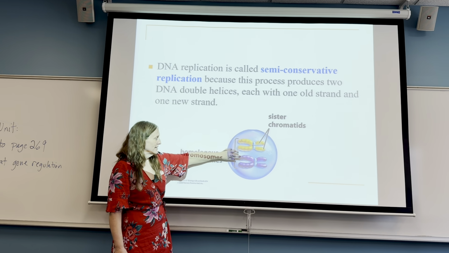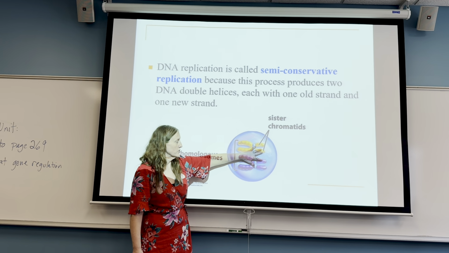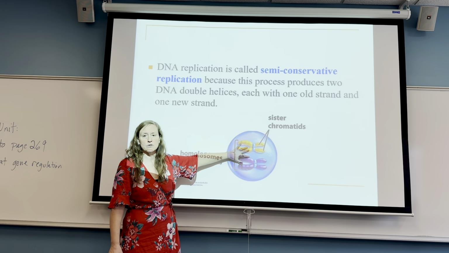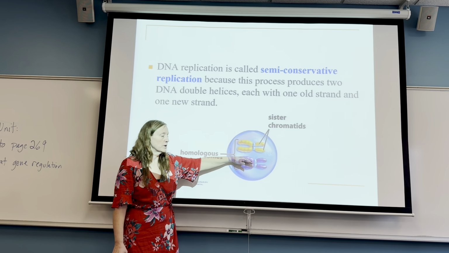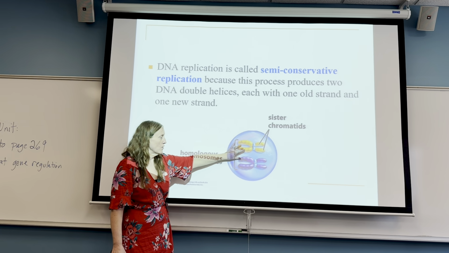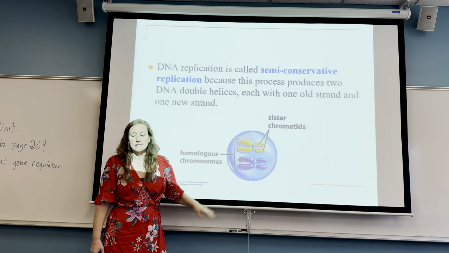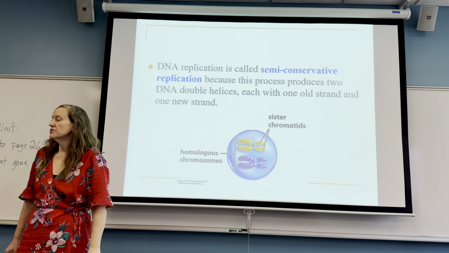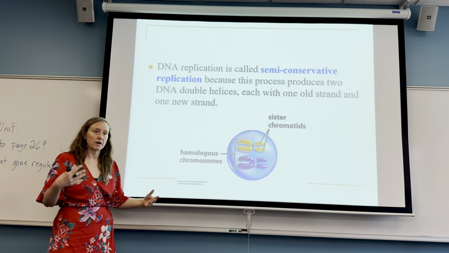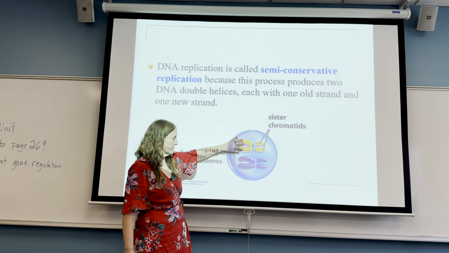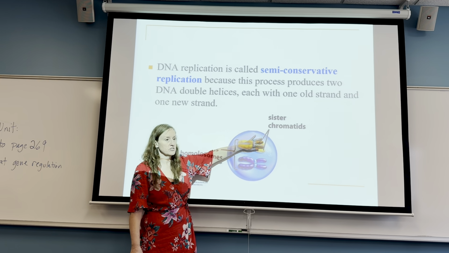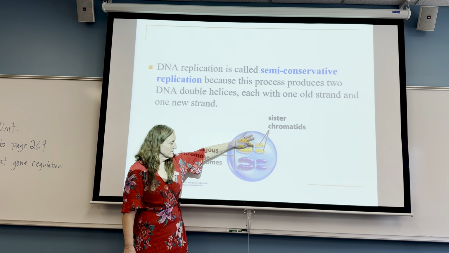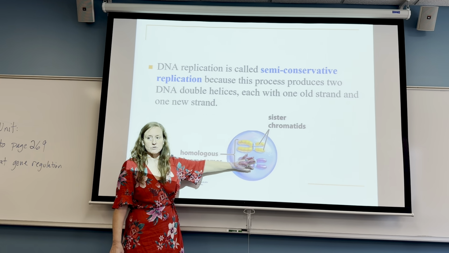Sorry for the confusion. So if these are the original homologous pair of chromosomes, let's say yellow comes from biological mom and purple comes from biological dad, when the cell is starting to enter into mitosis, meiosis, or binary fission, each of these original homologous chromosomes gets a genetically identical sister chromatid that is temporarily glued together by what we call centromeres.